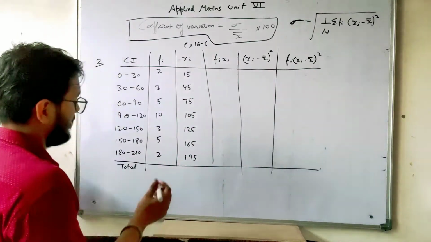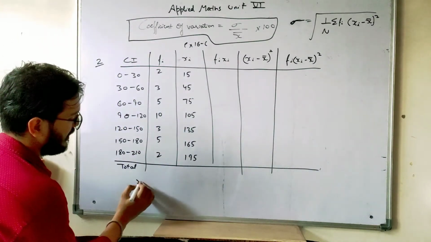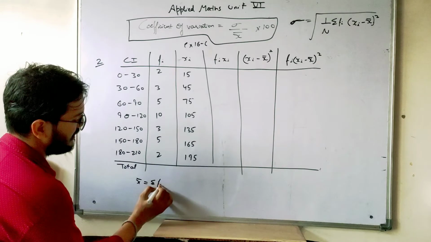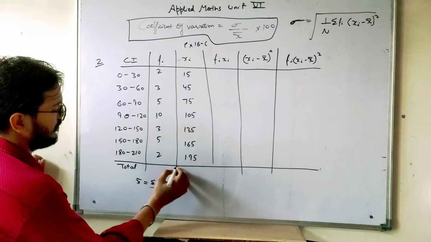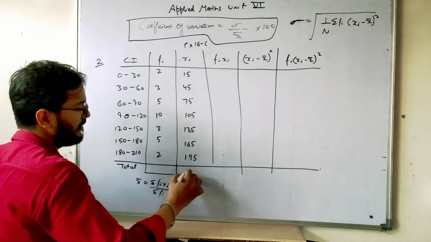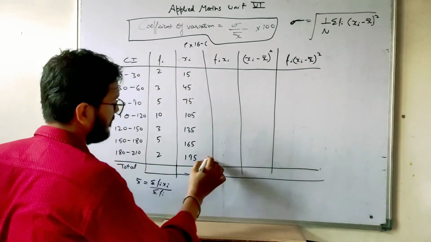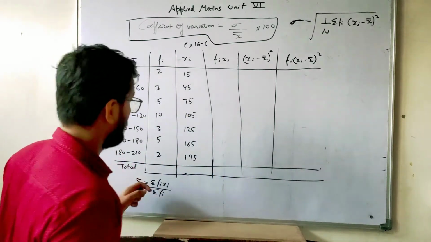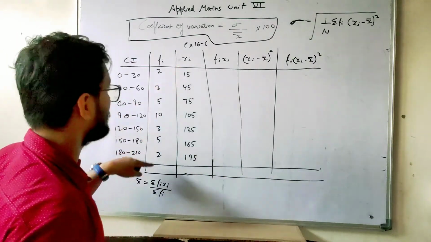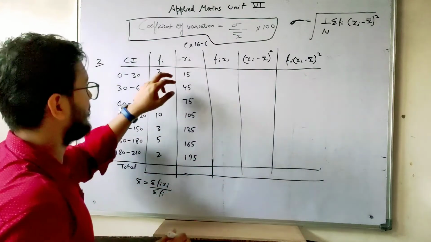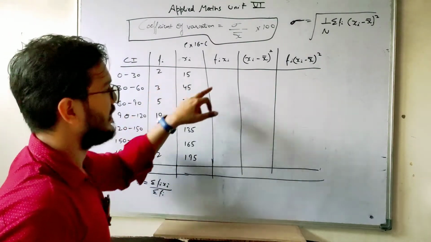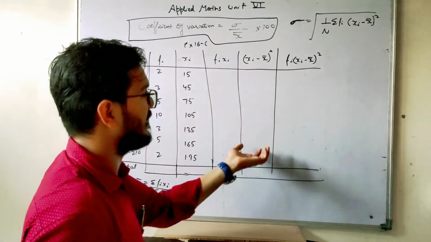Then find the mean. The mean formula is X bar equals sigma Fi Xi upon sigma Fi. So find the total and then find the mean. Then Xi minus mean, whole square, we will write here. Subtract the mean from Xi and write the square of it here.